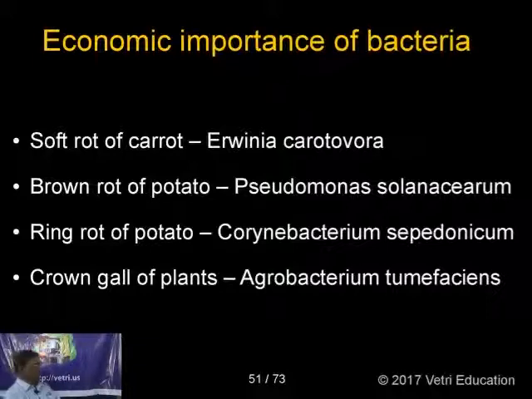The crown gall of plants, Agrobacterium tumefaciens. So here, soft rot of carrot, brown rot of potato, ring rot of potato, crown gall of plants. These are some of the plant diseases.